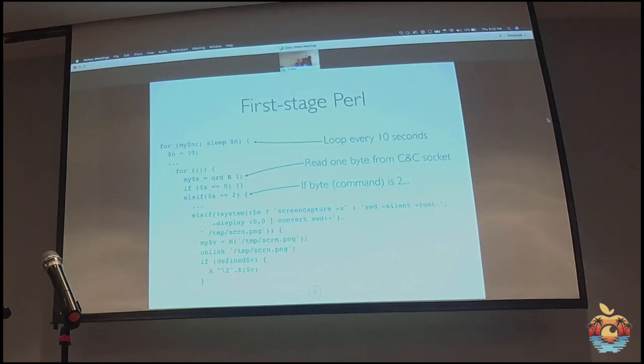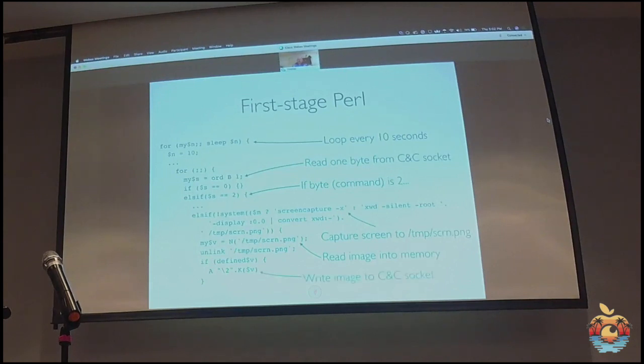And so it would use just standard macOS pre-installed commands. We use the screen capture command to capture the screen to a temporary folder. It would then read that image right into memory.